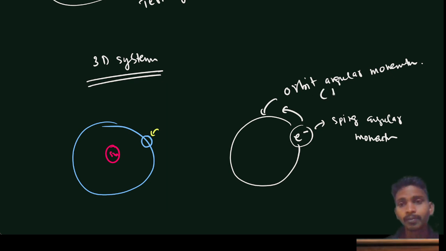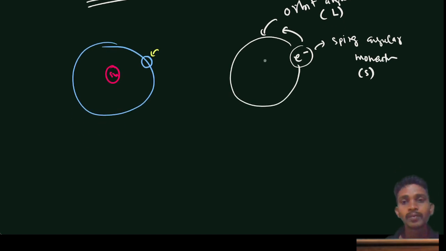Orbit angular momentum we represent by L, and spin angular momentum we represent by S. When it rotates, a coupling happens between the spin and orbit angular momentum.